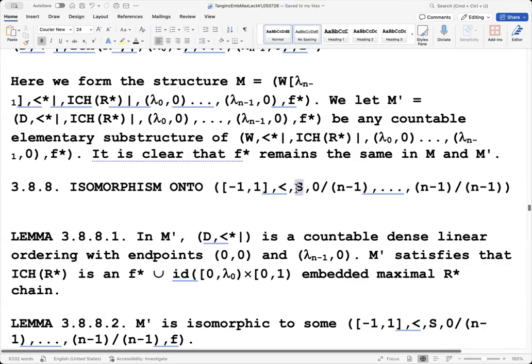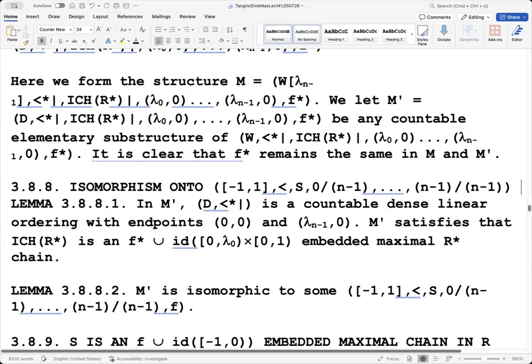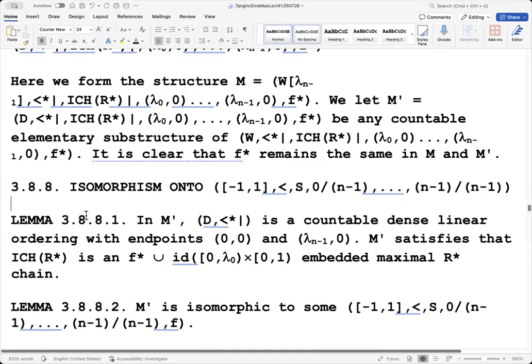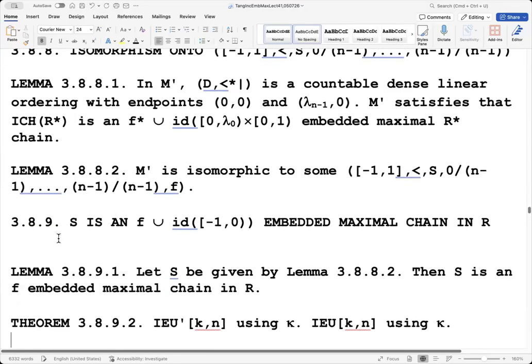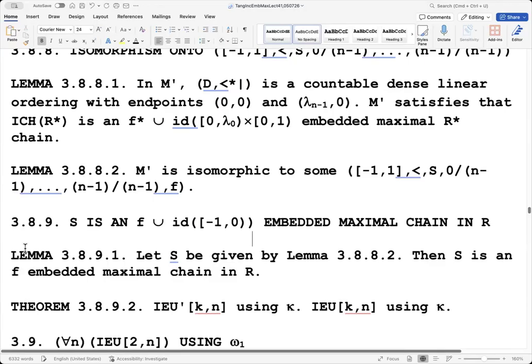And we don't know what S is, but S is going to be the solution to what we want. So we'll see what happens here. And then you finally get the embedded chain you want, because of the S here, this is the embedded chain.